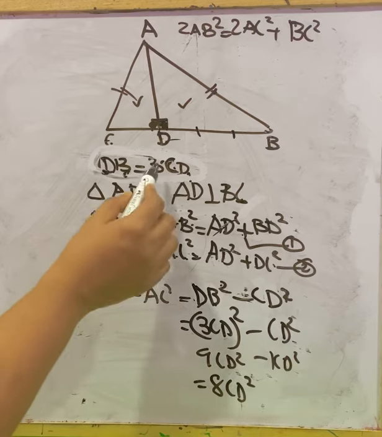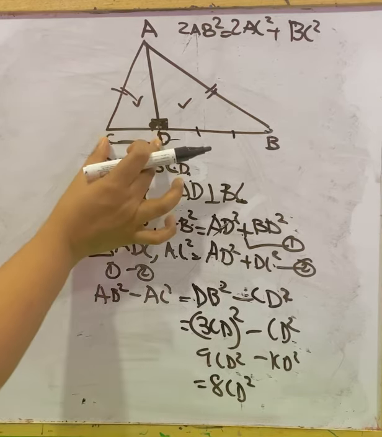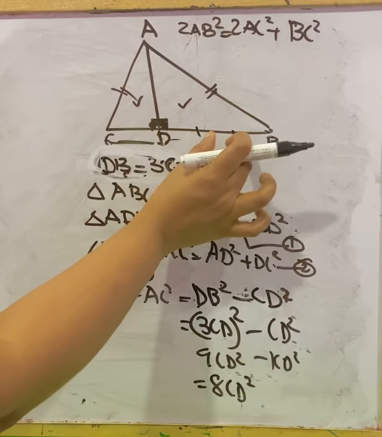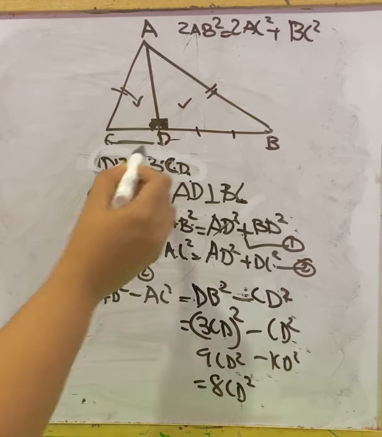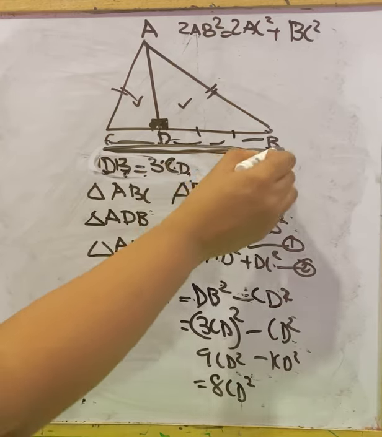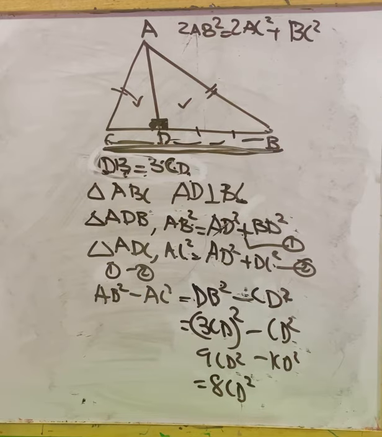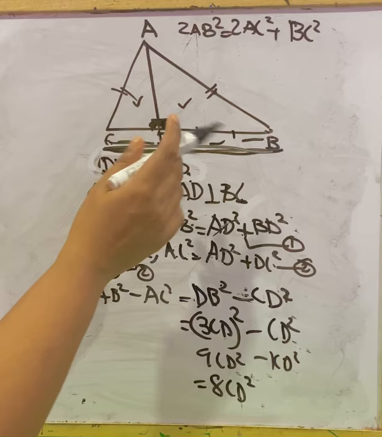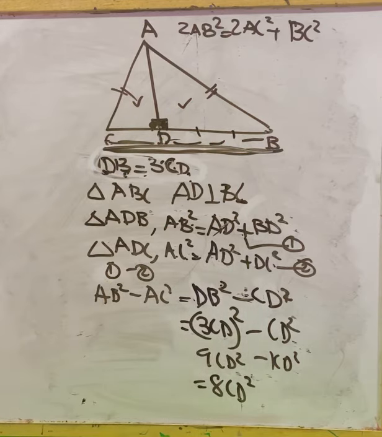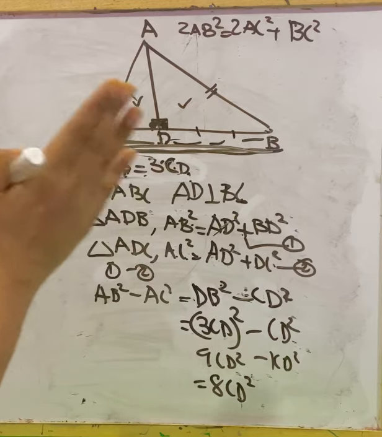And we have CD. You can see here one CD, here one CD, here one CD length, here one CD length. 4 CDs are here in total in BC. Total length is BC and we have 4 CD length in that. That means instead of CD, we can write 1 by 4th of BC because it is equally divided into 4 parts.